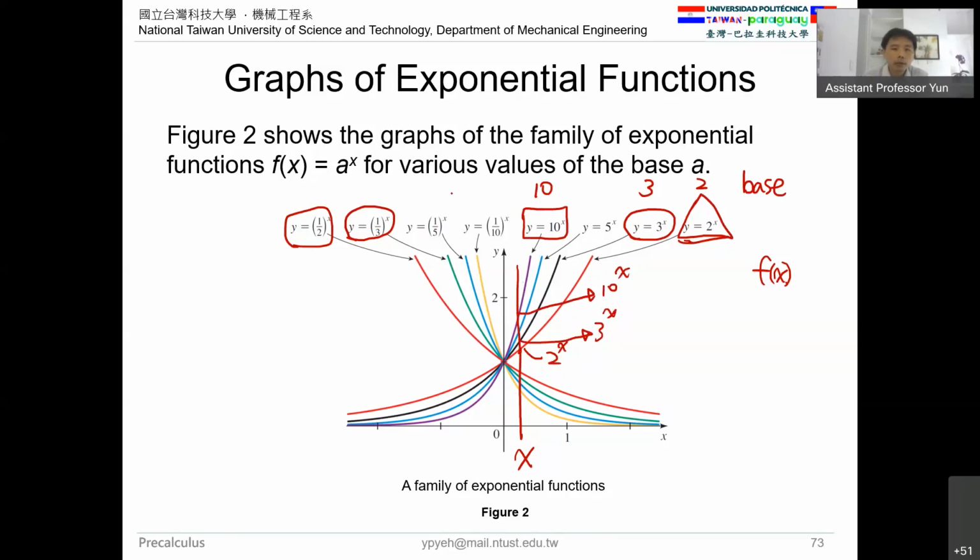Now in the case of a between 0 and 1, start from 1 divided by 2.